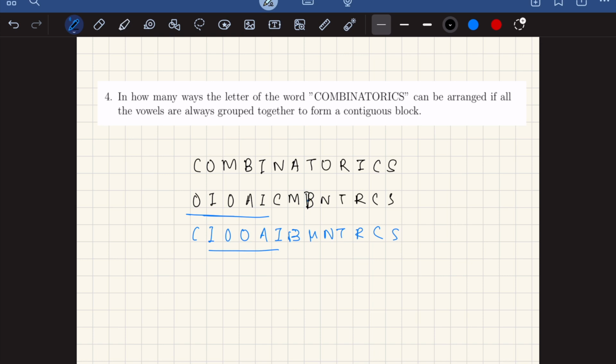So how many vowels do we have? Yes, you have 5 vowels and 8 consonants. The idea is that you think of the consonants as a block and you think of the vowels as a block.